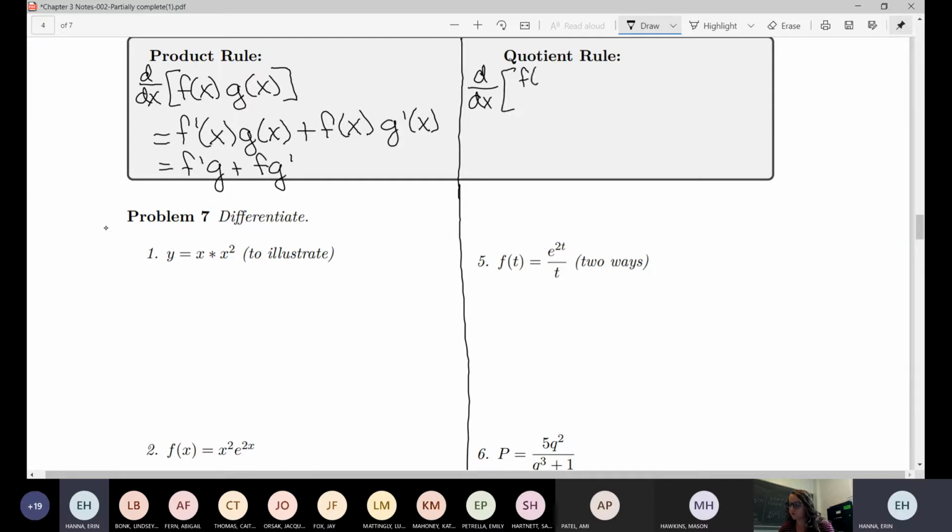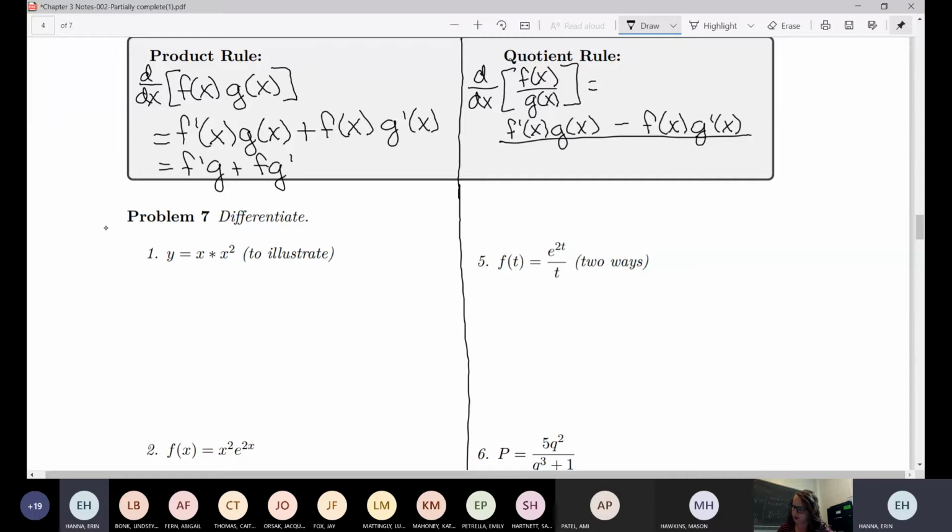Quotient rule is for when we have 2 functions, one is divided by the other. What this is going to give us is a fraction. So we're going to have f prime times g minus f times g prime. So essentially this is a very similar setup to product rule, just with subtraction instead of addition.